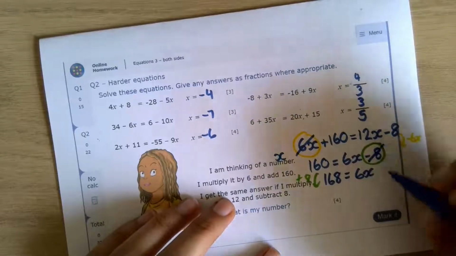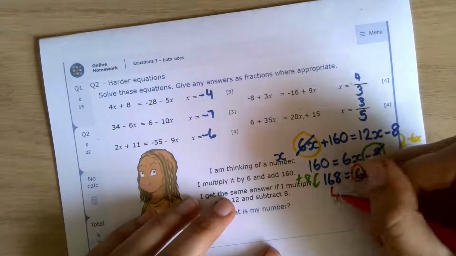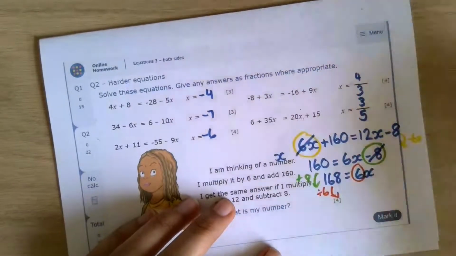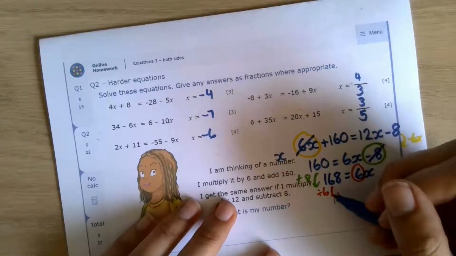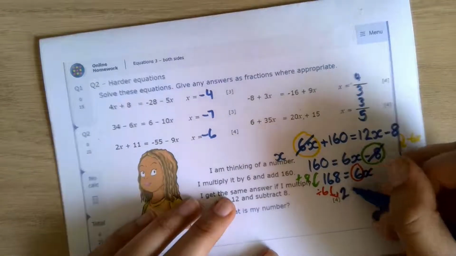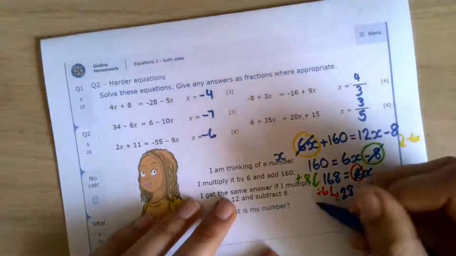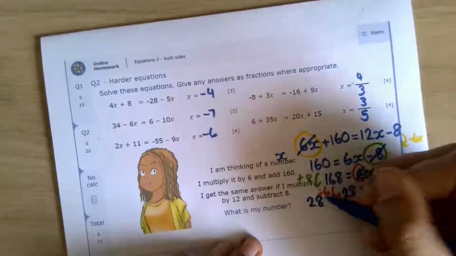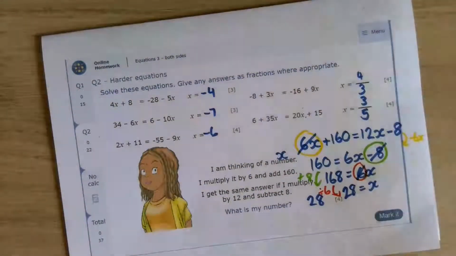And finally, we divide by the coefficient. Oh my goodness, 2 and 4, 28. And what's my number? My number is 28. Okay, your number will be different, because of course you thought of it. Hopefully that's helpful.